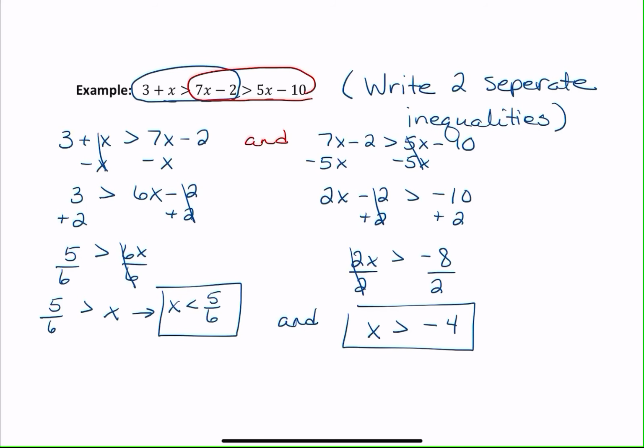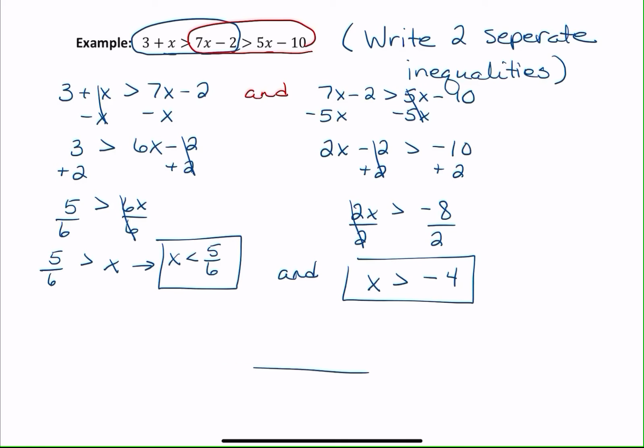So again, this helps if you graph this on the number line. So I've got 1, 2, 3, 4, negative 1, negative 2, negative 3, negative 4. 5/6 is almost up to 1, so I'm going to put an open circle there, and x is less than that. And then the other one is x is greater than negative 4, so again, an open circle.